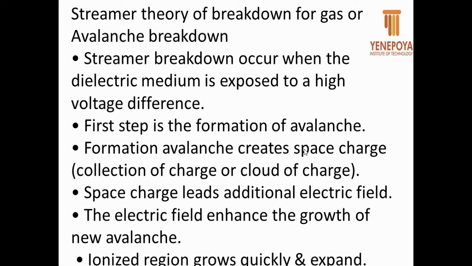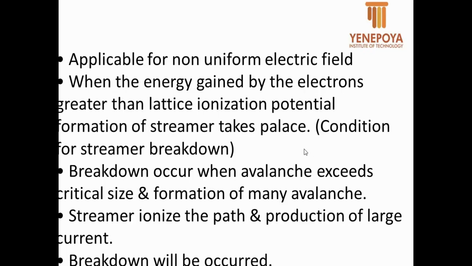The first step is the formation of an avalanche. The avalanche creates a space charge, nothing but a collection or cloud of charge. This space charge leads to an additional electric field, and the electric field enhances the growth of new avalanches. So the ionized region grows quickly and finally expands. So this is the streamer theory.